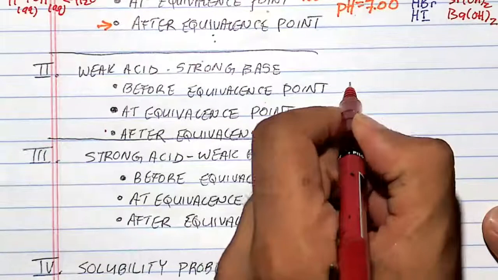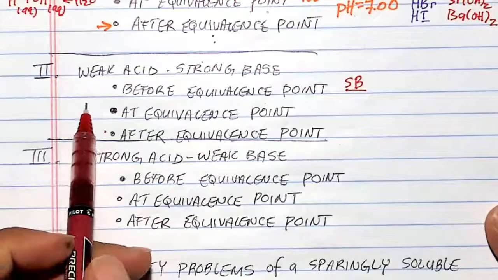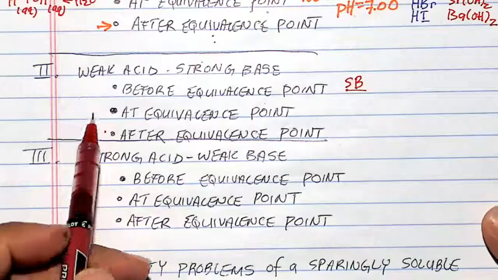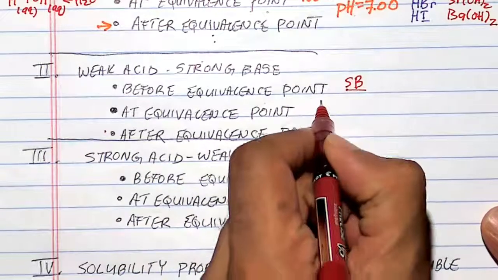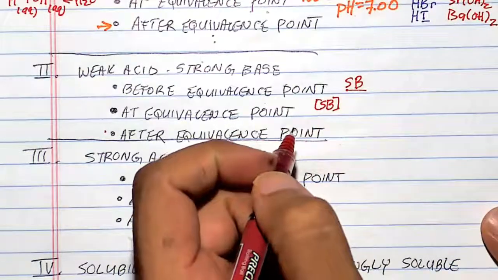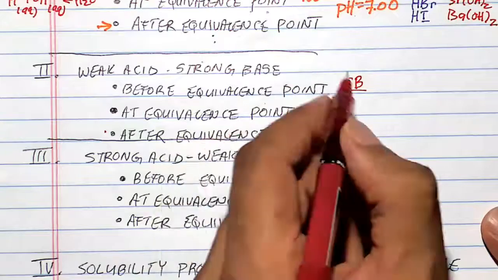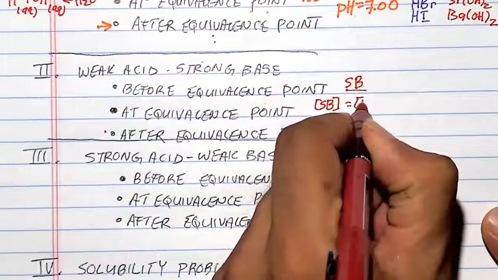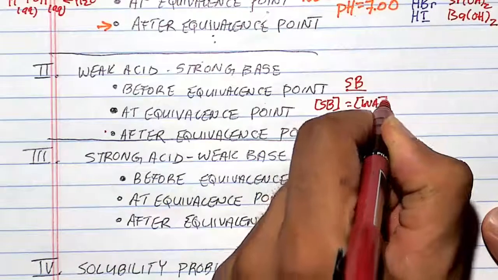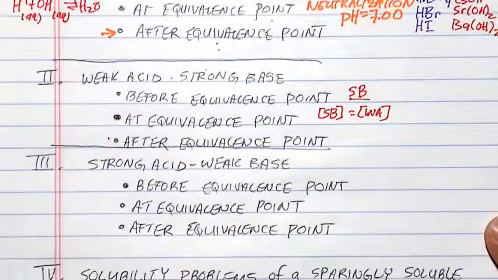Usually the strong base would consume all of the weak acid, and then at the equivalence point, the concentration of your strong base, such as sodium hydroxide or lithium hydroxide, would equal the concentration of your weak acid, any acid that is not part of our 6 here.